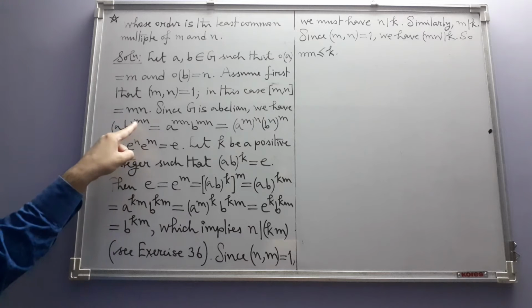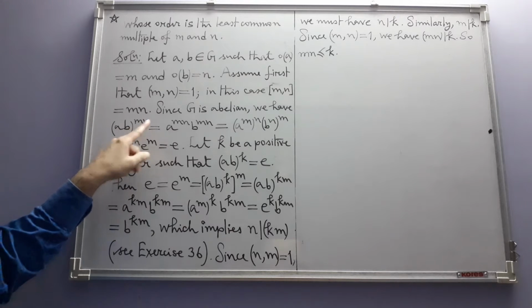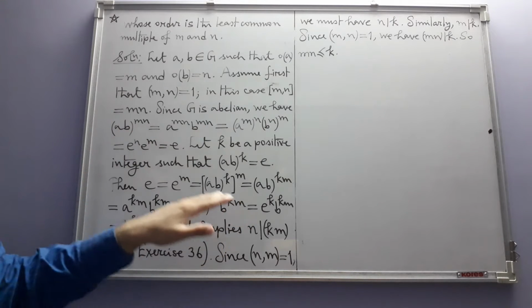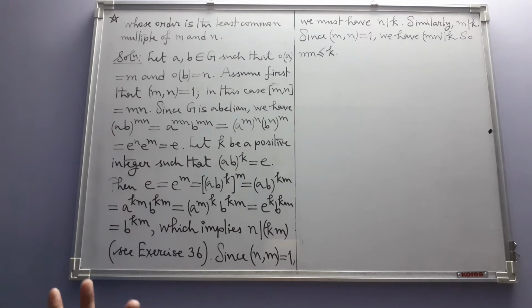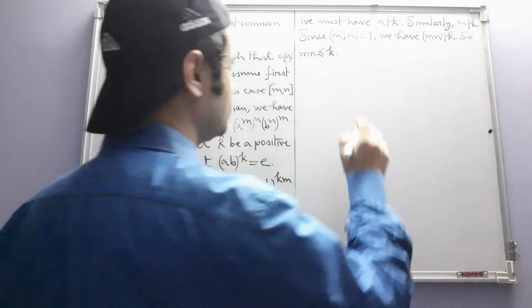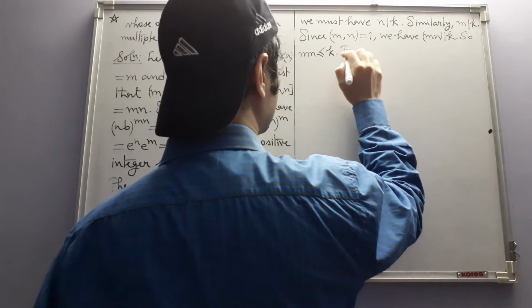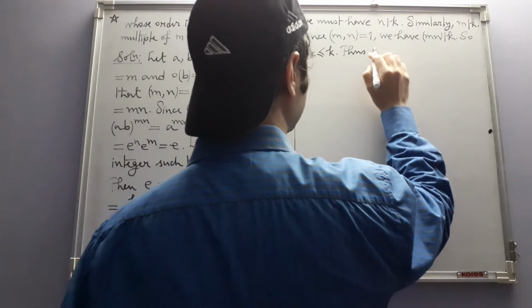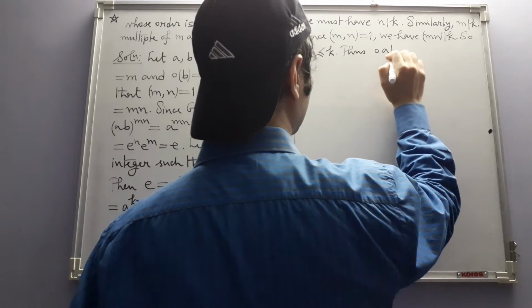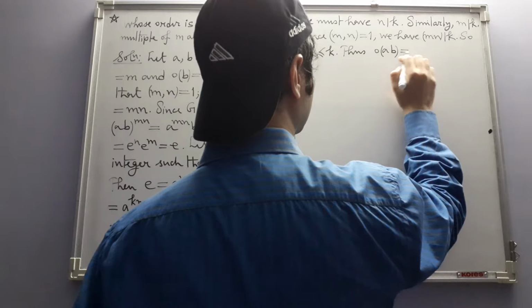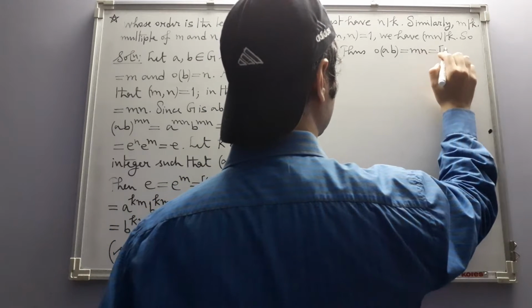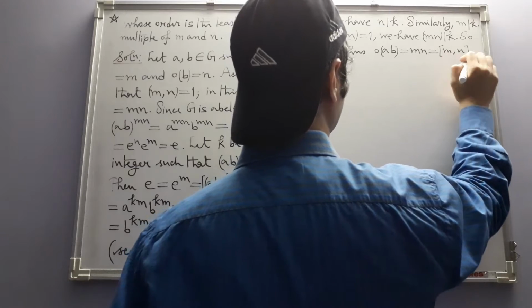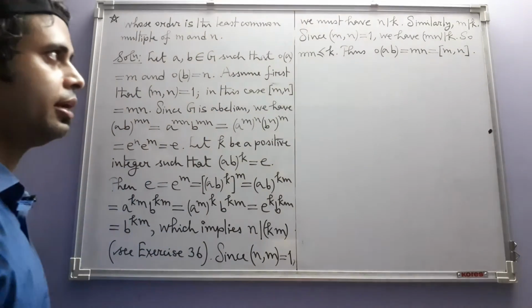So mn is the smallest positive integer for which the corresponding power is equal to the identity. So mn is the order of AB. Thus the order of AB is equal to mn, which in this case is equal to the LCM of m and n.